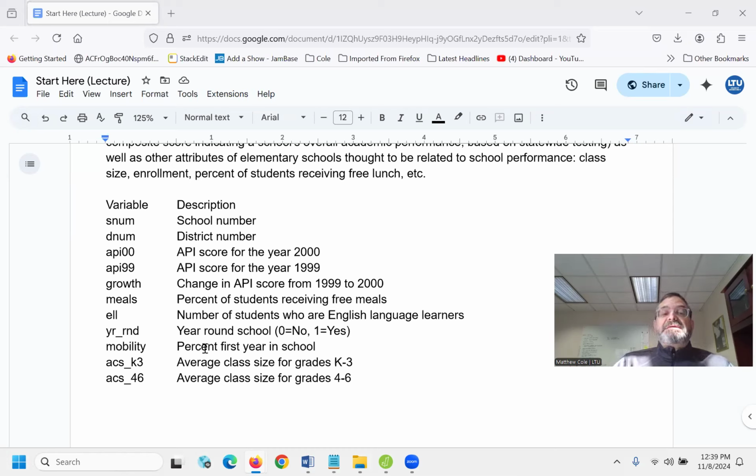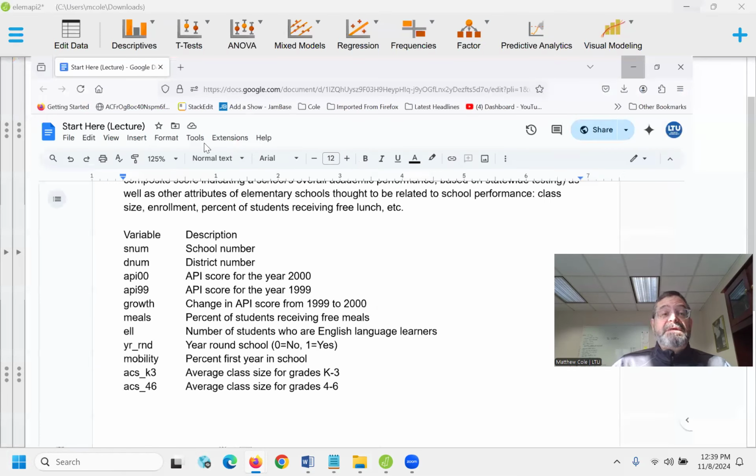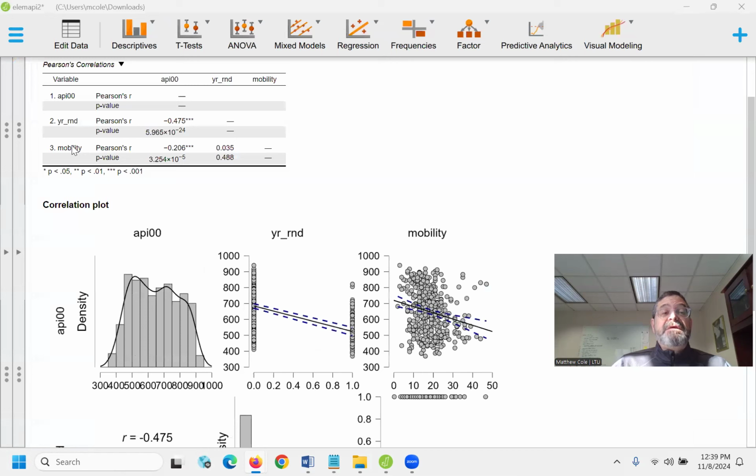It's basically an index of how many students are new. So if you think of new kids coming in and out of a school district or immigration issues, a lot of new kids coming in and out of the school district, that's going to perhaps disrupt academic performance. In fact, that's what we see, right? As the percentage increases, API drops down. We have a negative correlation.